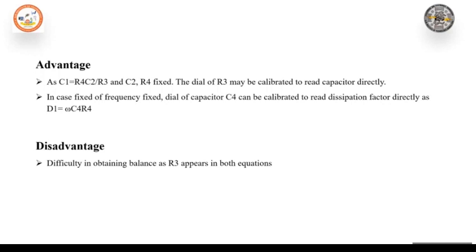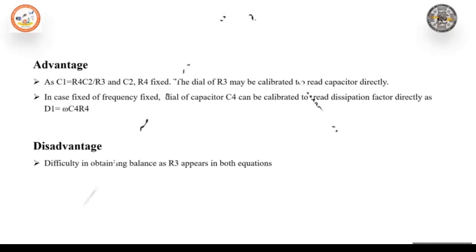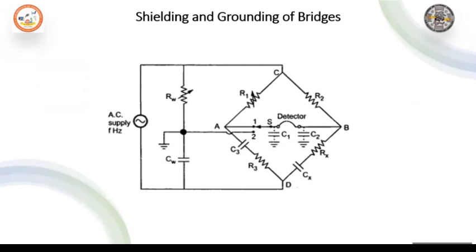The difficulty, as already mentioned among the limitations, is in obtaining balance, since R3 appears in both the equations. These are the advantages and disadvantages of the Schering bridge.